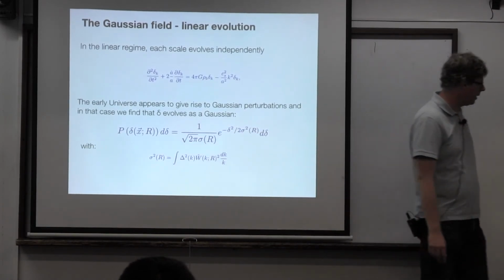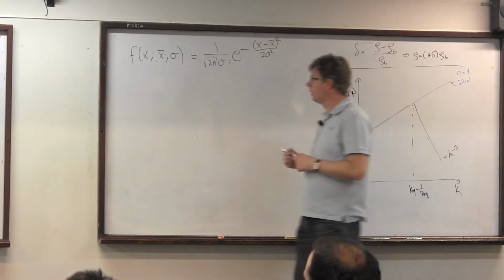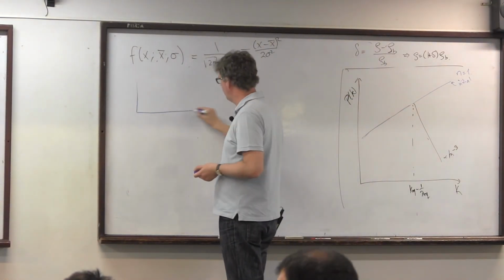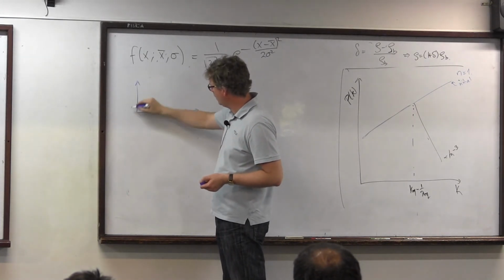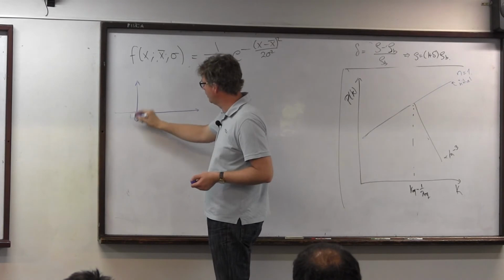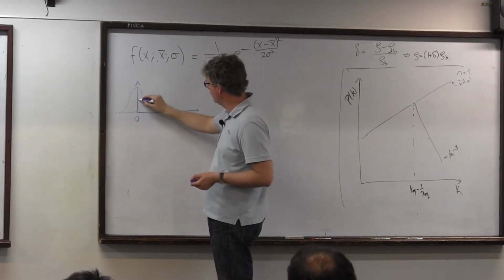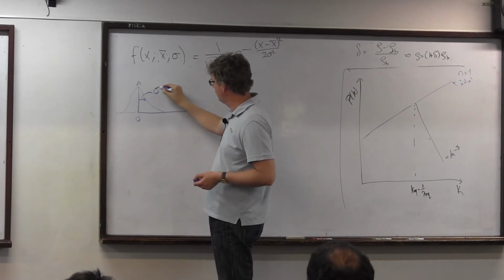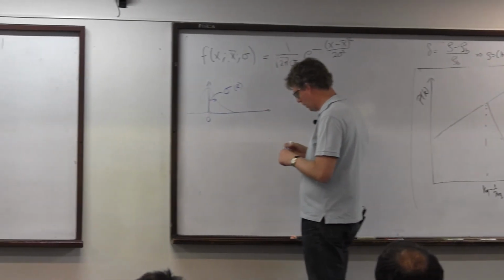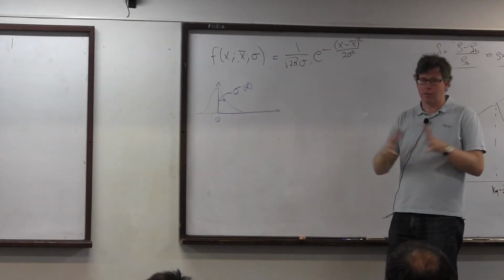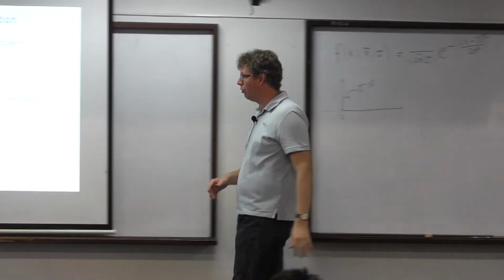So if you draw this function, you will basically see that it's centered on 0. It has a peak, and it drops off again, and the width here is given as sigma.